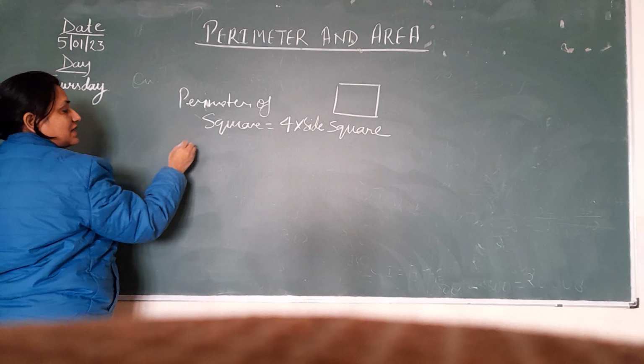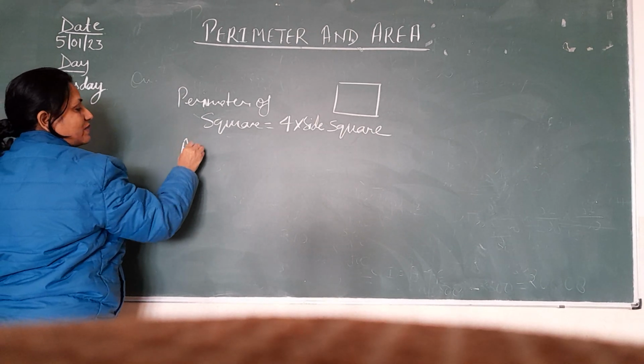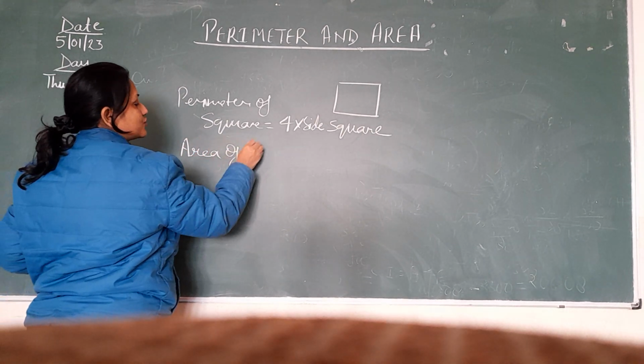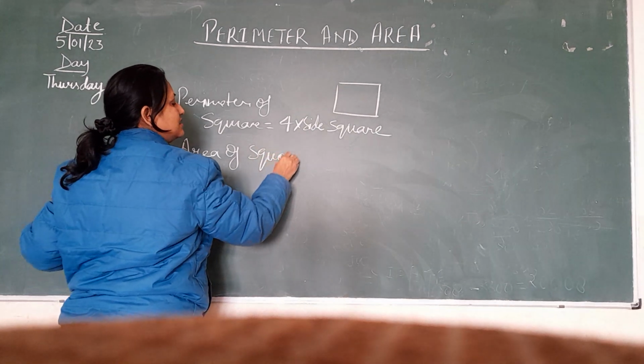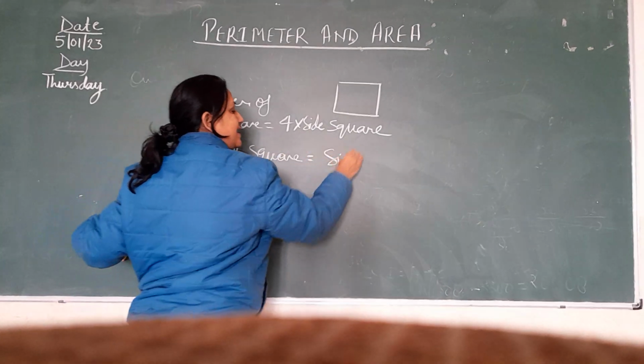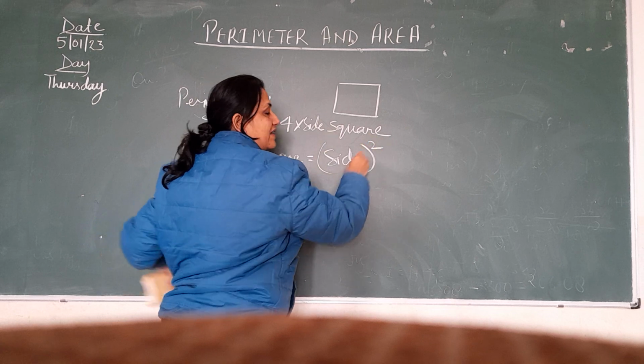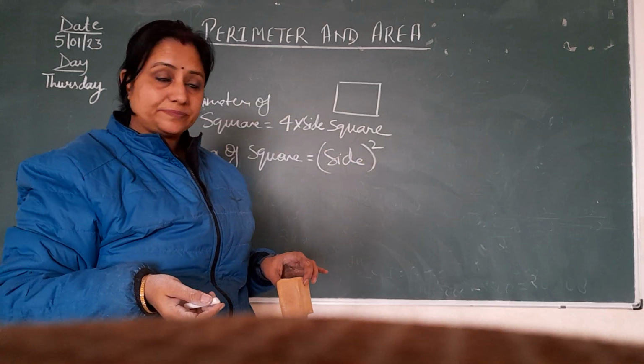And if we find the area of this square, area of square is equal to side into side, or we can write side square.